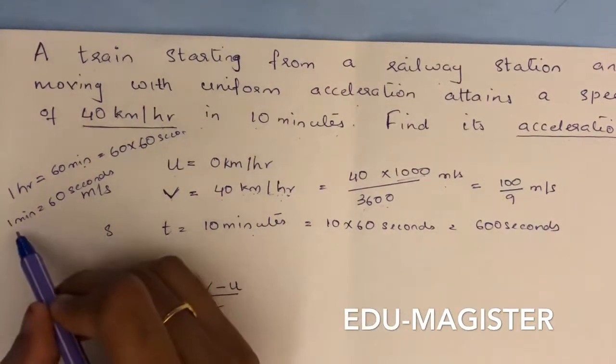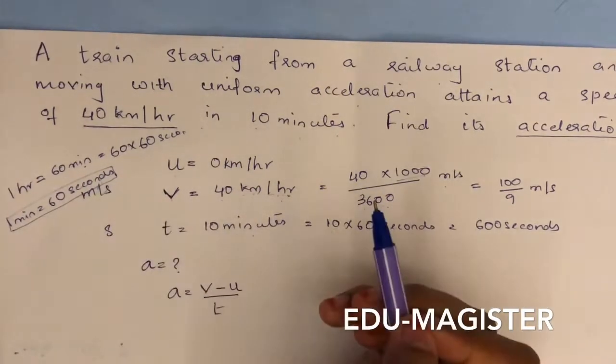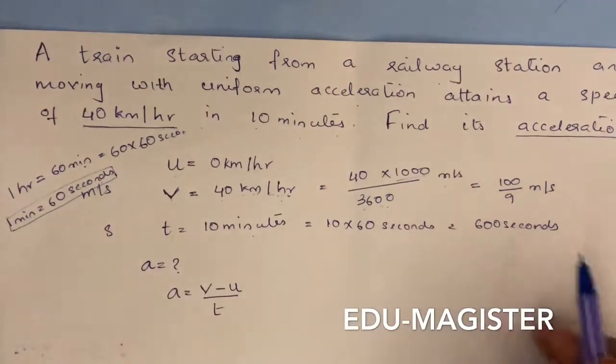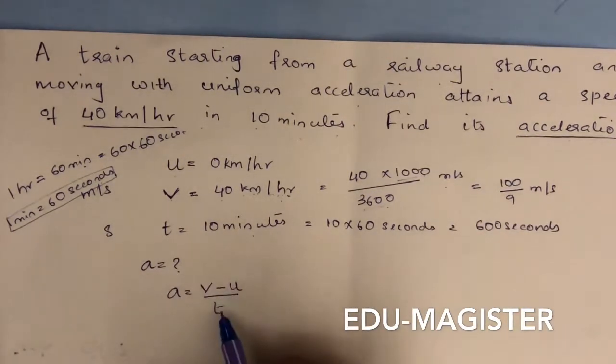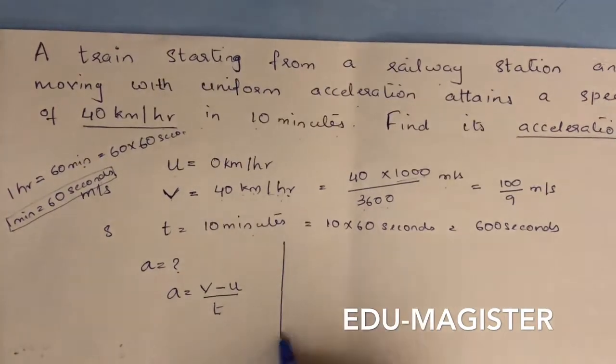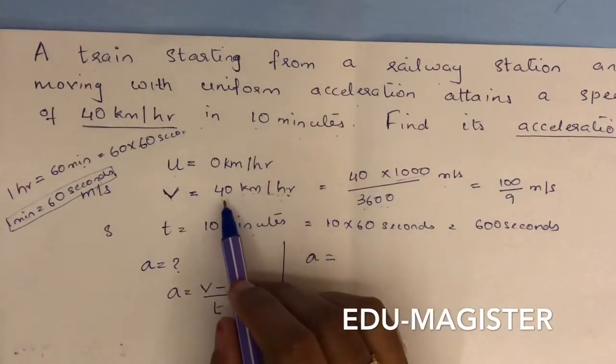Here I have used the same formula. 1 minute is equal to 60 seconds, so 10 minutes will be 10 into 60. That's 600 seconds. So let's use this formula to find acceleration. Here, acceleration will be, what is final velocity?